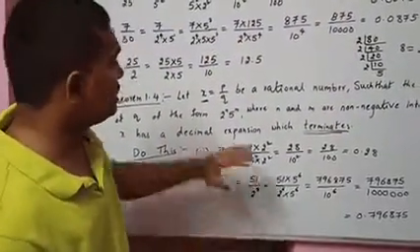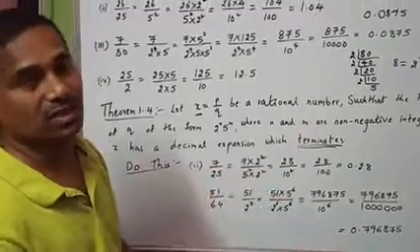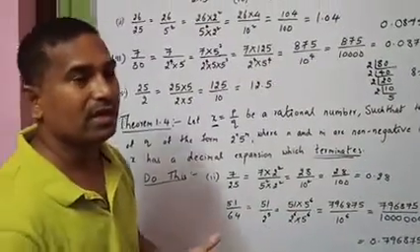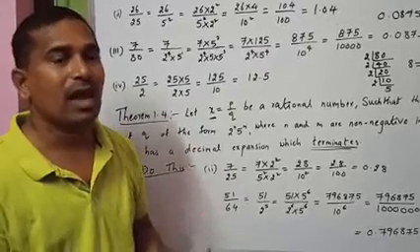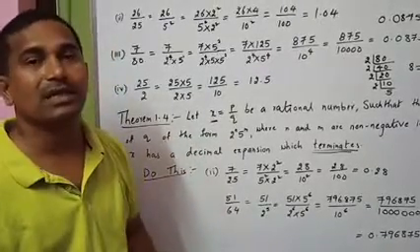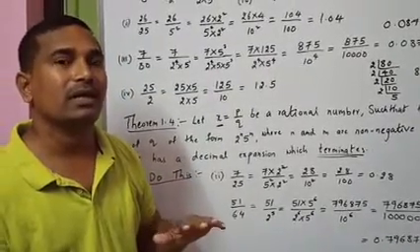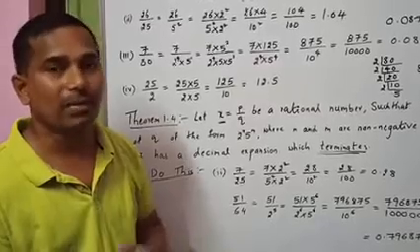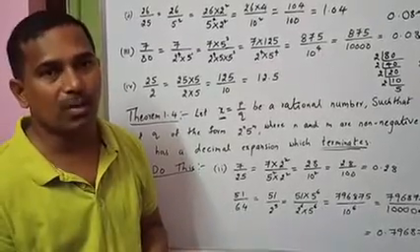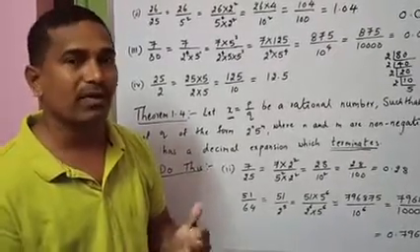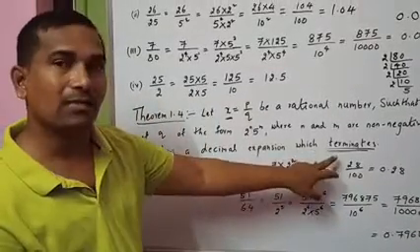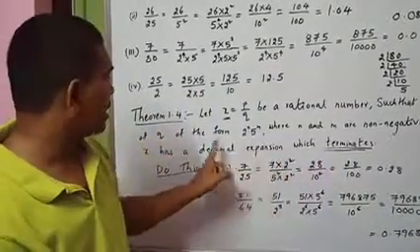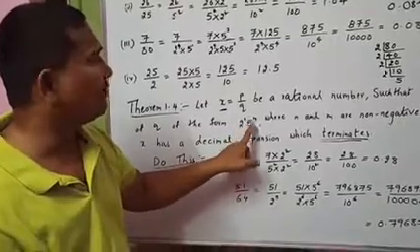So this is the converse of yesterday's theorem. What is yesterday's theorem? If any rational number has a decimal expansion that terminates, it can be expressed in the form p by q, where q is in the form of 2 power m into 5 power n. Converse: if the decimal expansion terminates, then q can be written in the form 2 power n, 5 power m.